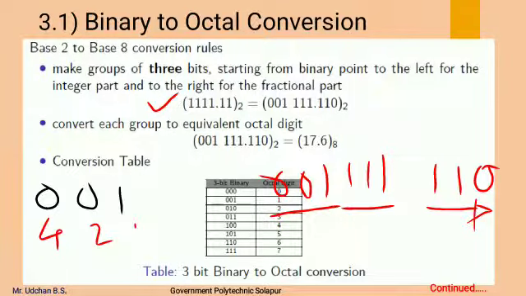Again multiply the 4 with 0, you will get 0, 2 with 0, you will get 0, 1 with 1, you will get 1. So for 001, you will get the equivalent octal number by adding 0, 0, 1 as 1. Okay, the second group is what? 111.